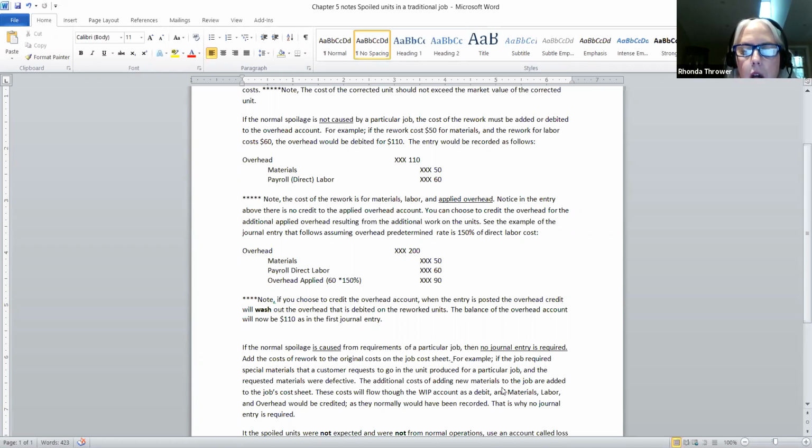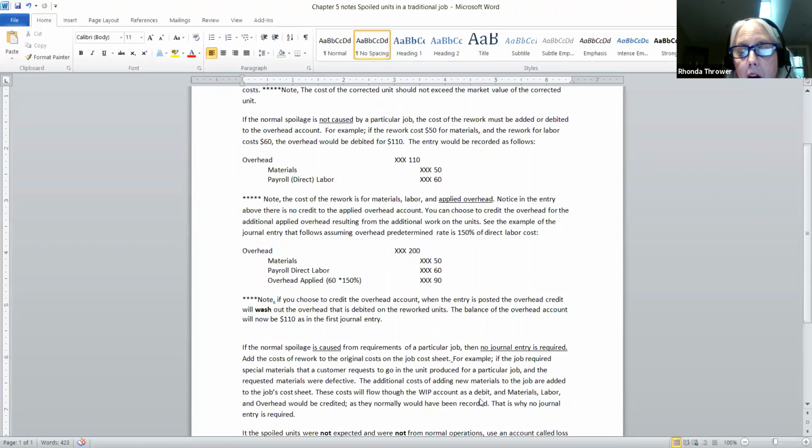So the additional cost of adding the new materials to the job is going to be added to the job cost sheet, and these costs will flow through the work in process account as a debit. So the $50 for materials goes into the work in process account as a debit. The payroll or the direct labor was $60. That goes into work in process as a debit.